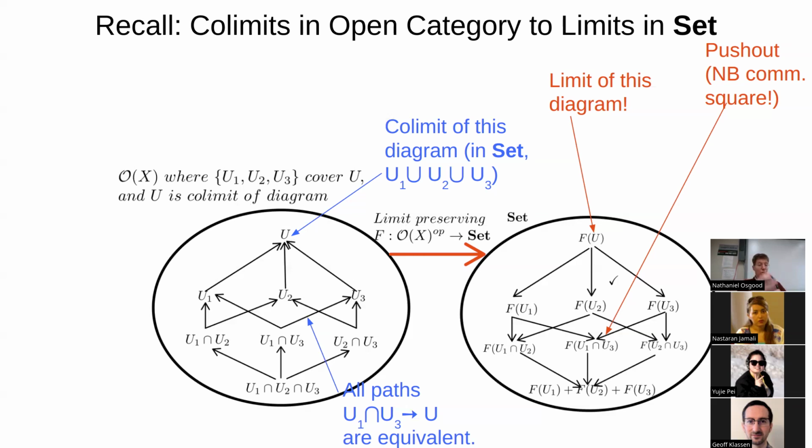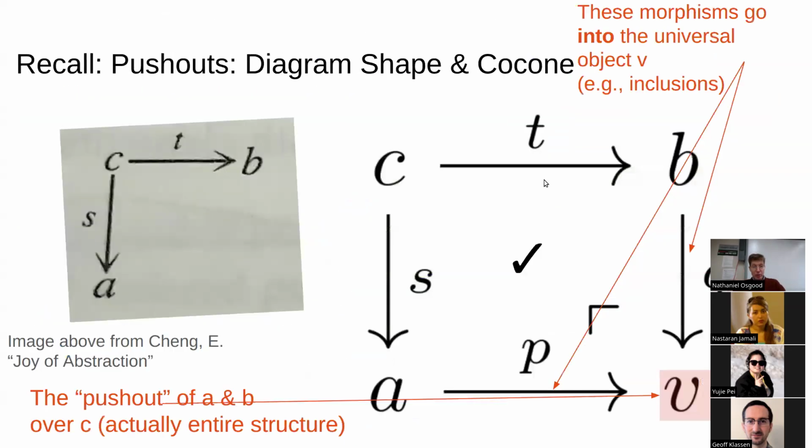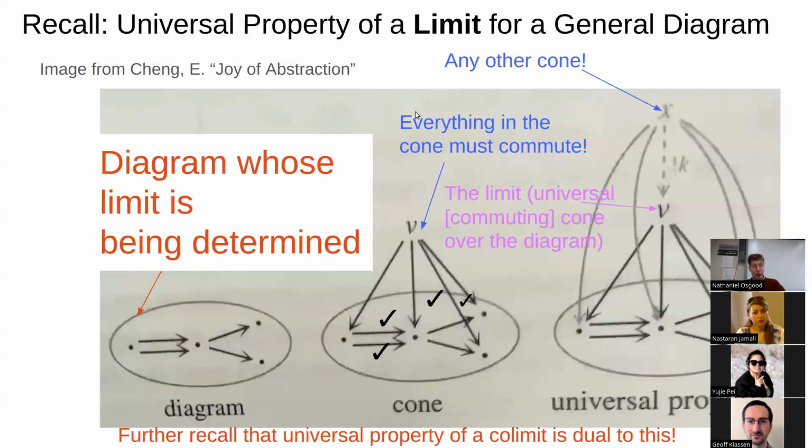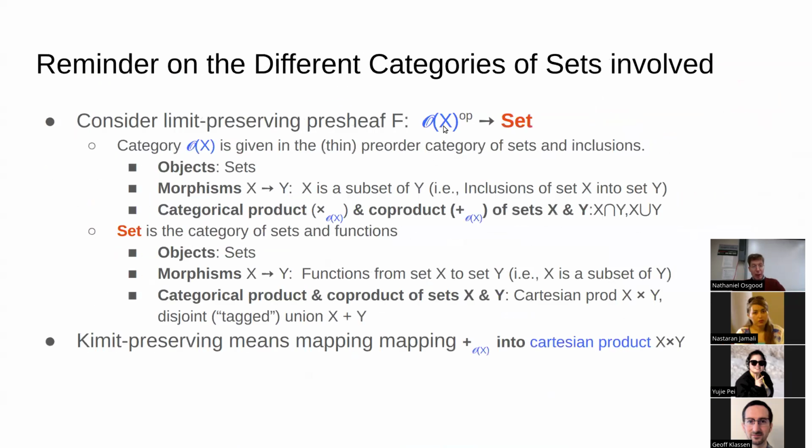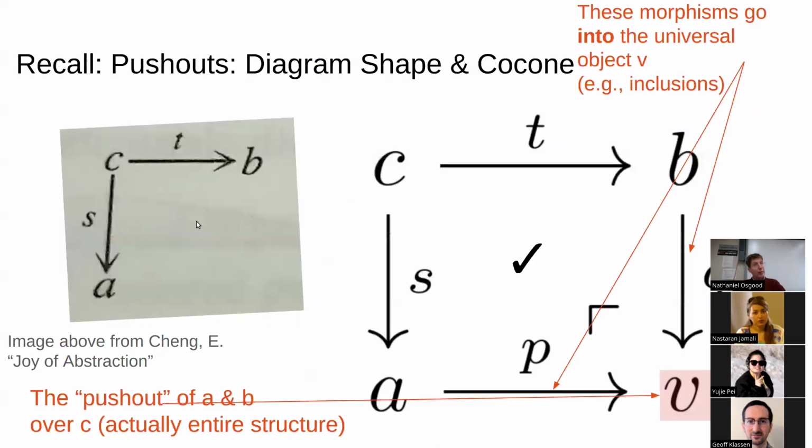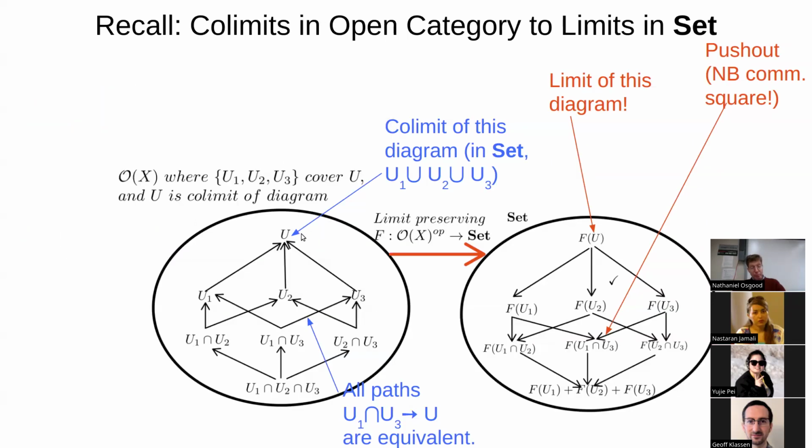So we're going to concern ourselves now not just with pre-sheaf functors, not just generic functors of this sort, but limit preserving functors. Okay. Now, if this is limit preserving from O of X op, this U is going to be mapped into a limit over here.